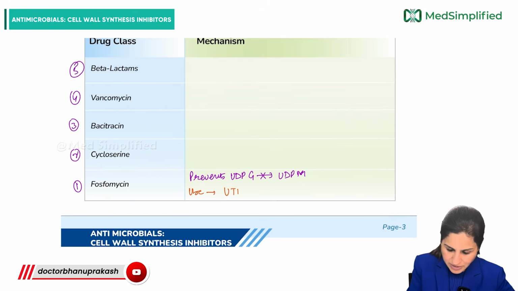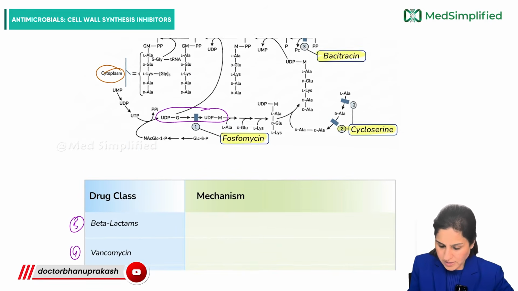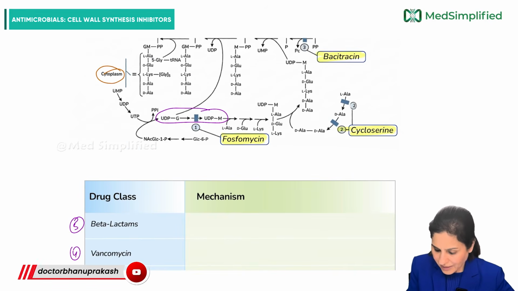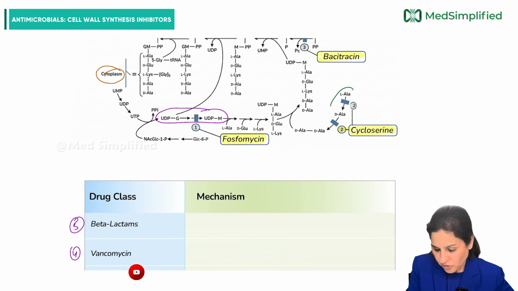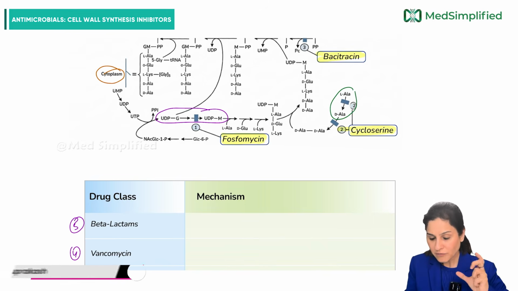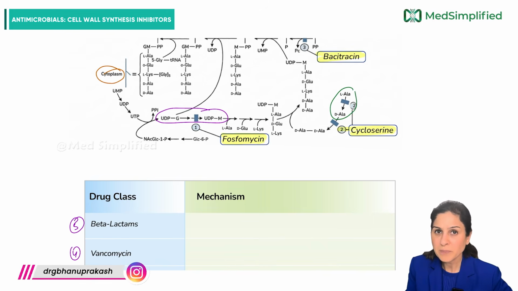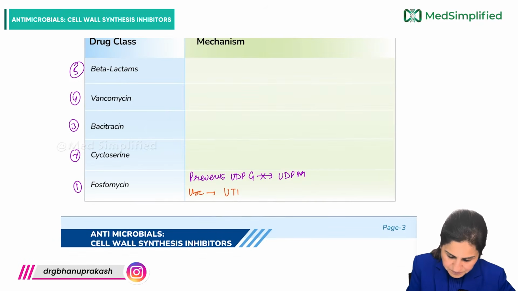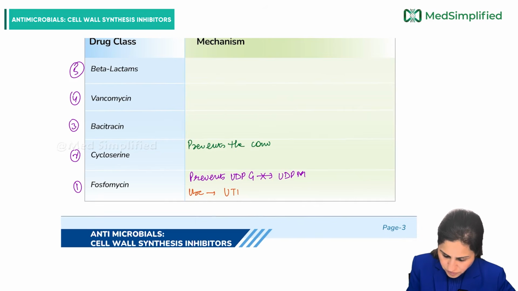Moving on to the second drug, which is cycloserine. What is the step here? Cycloserine blocks the conversion of L-alanine to D-alanine, and we need D-alanine for formation of the peptidoglycan wall. So D-alanine is not formed.